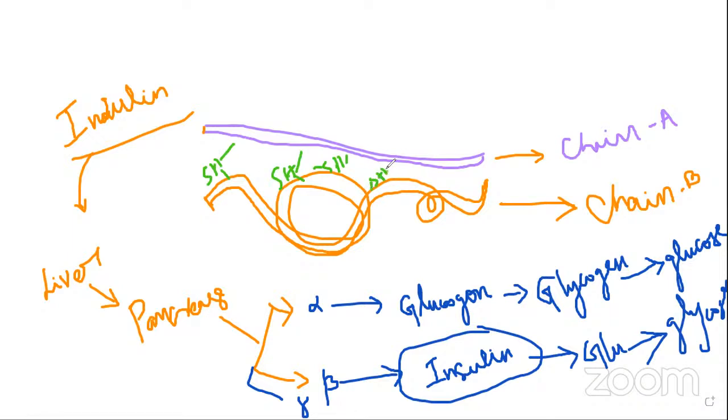It is a bridge between these two chains, just like between nitrogen bases. Chains A and B are connected by the disulfide bond, which unites the two chains. That is very important.